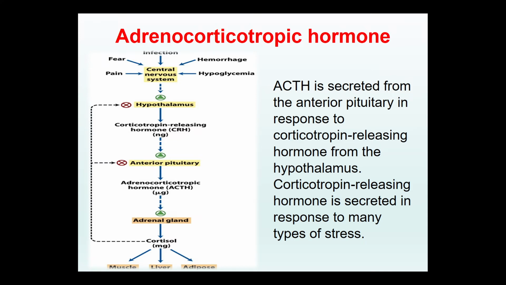Corticotropin releasing hormone is secreted in response to many types of stress, which makes sense in view of the stress management function of the glucocorticoids. Corticotropin releasing hormone itself is inhibited by glucocorticoids, making it part of the classical negative feedback loop.